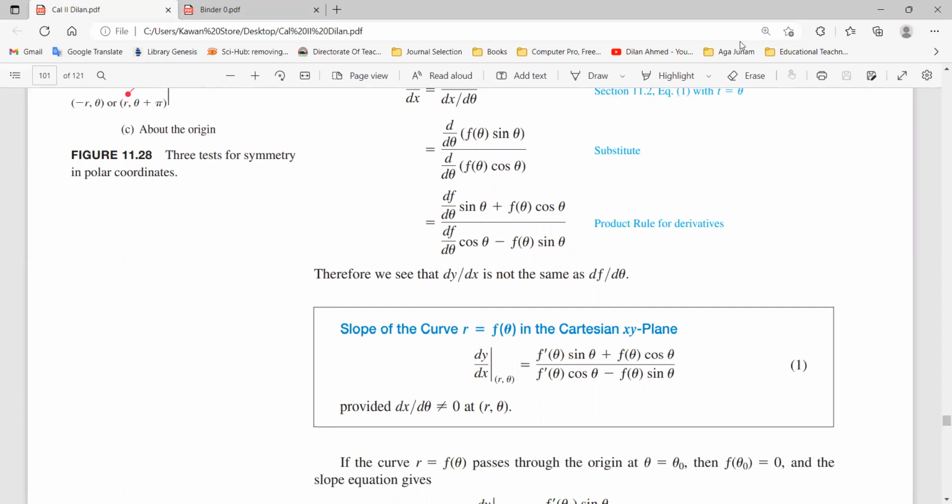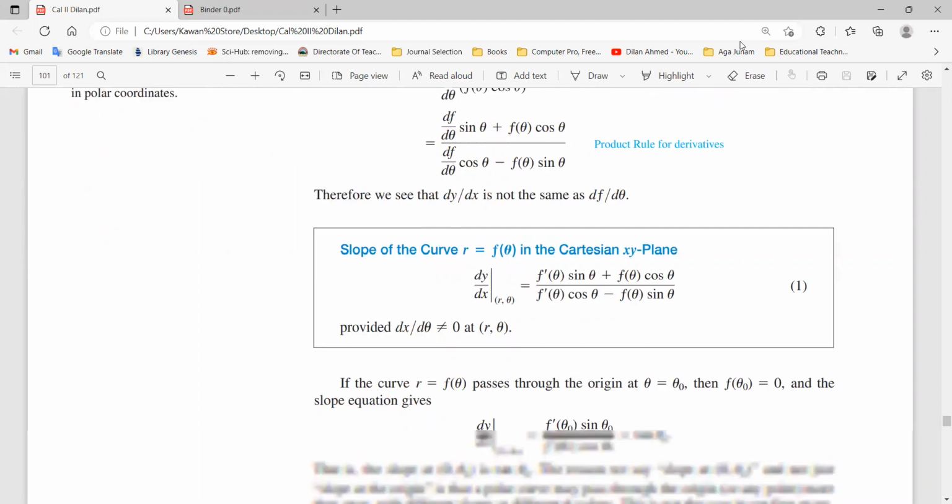Also, sometimes they say symmetry about theta equal to 0, which means the X axis. So they are the same. The first note: if I have two symmetries, we say buy two, get the third free. So if you have two symmetries, the third is automatically there. If I have one and I don't have a second, then be sure that the third one is not possible.